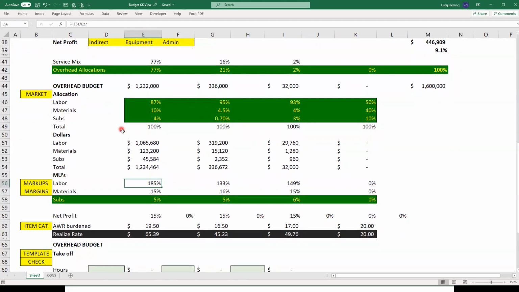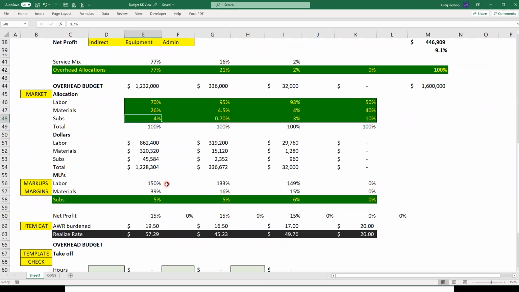Materials, 15, subs 5. Now you can see it changes very simply, Greg. If you went up to labor in E46 and said, I'm only going to recover 70% of that total overhead, and now I have to make the difference, there you go. And you can see the markups change pretty substantially. Labor now is a 150 markup. Materials are 39% markup.